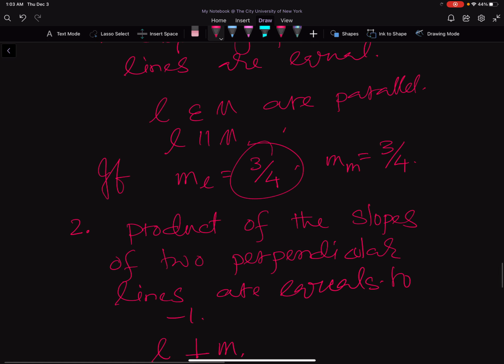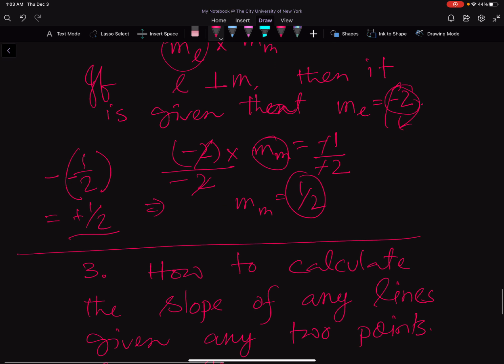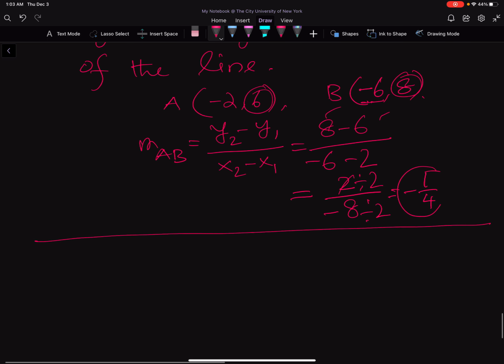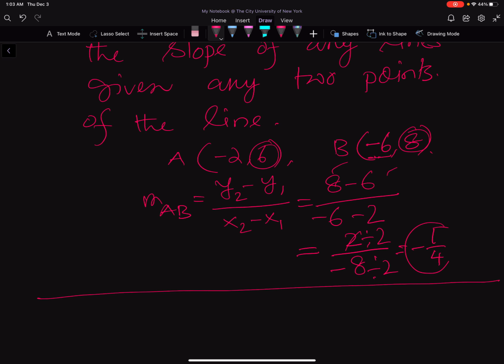So if one parallel line is given, the other parallel line has the same slope. For the perpendicular, if the slope is given, the product of the two is -1, so we found this out. Now when 2 points are given, we calculate the slope. If it is a parallel line, the slope should be -1/4.